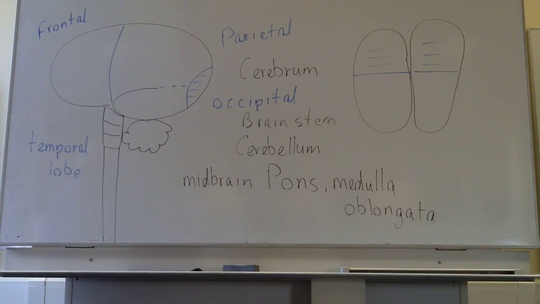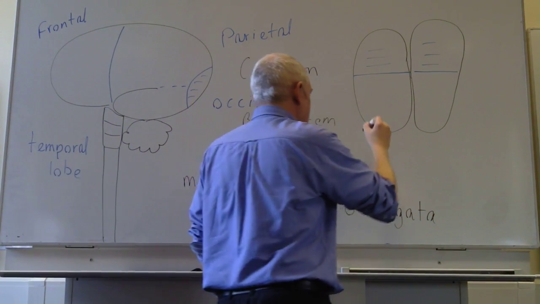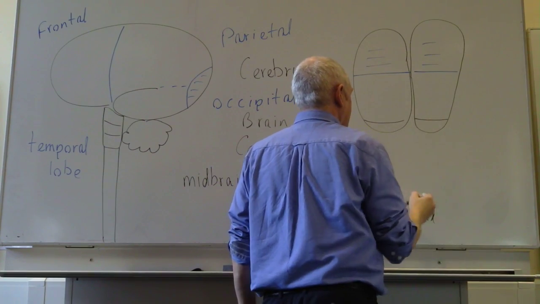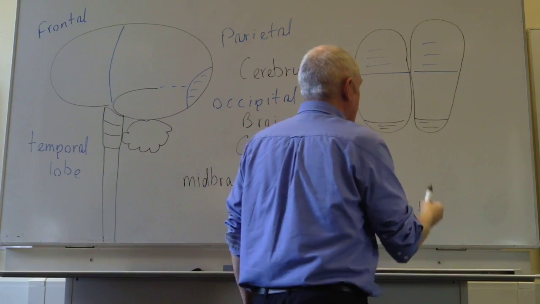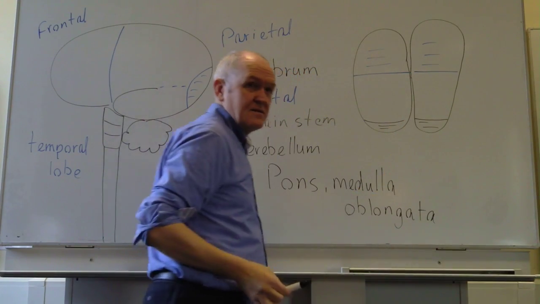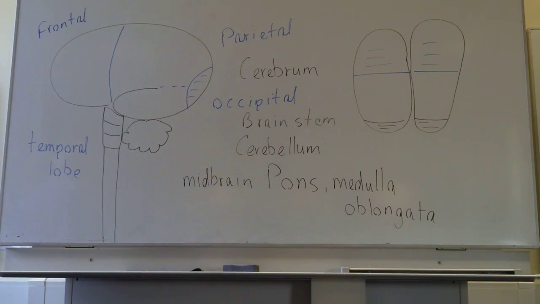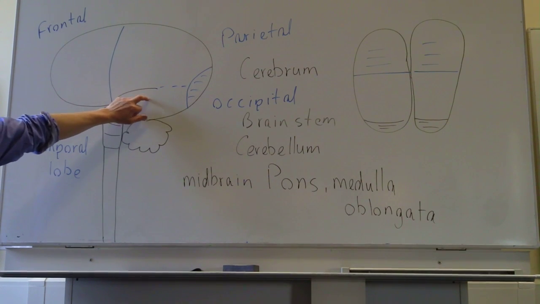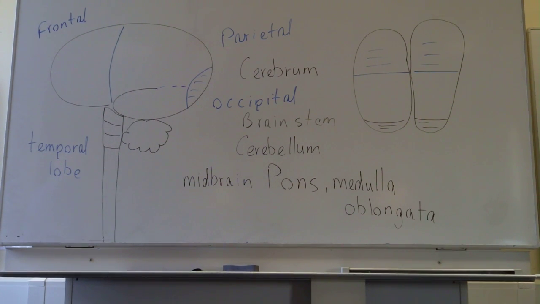And then depending on your angle you might see a bit of the occipital lobe at the back. That would be the occipital lobe, and that would be the parietal lobe. And if you're looking at it from on top, you wouldn't see the temporal lobe. So the brain's in two halves, two cerebral hemispheres, one on the right side, one on the left side.